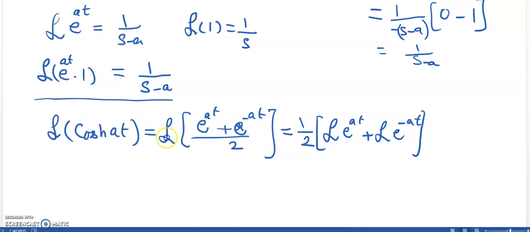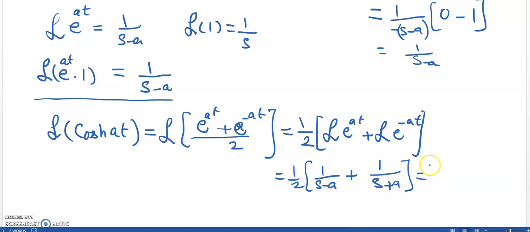So we can apply the Laplace transform to each. We have just proved that the Laplace transform of e power at is 1 over s minus a. So it is 1 by 2 times 1 over s minus a, and by similarity, a will be replaced by minus a, so it should be 1 over s plus a.